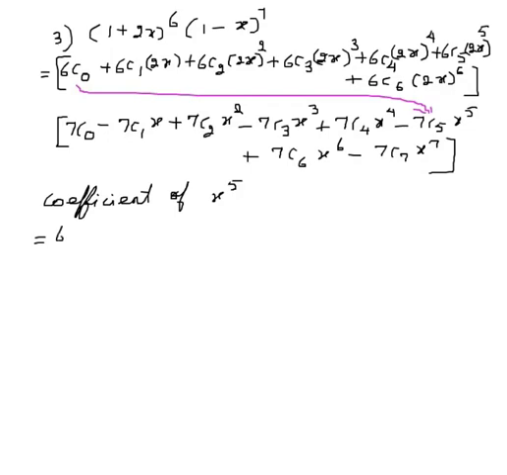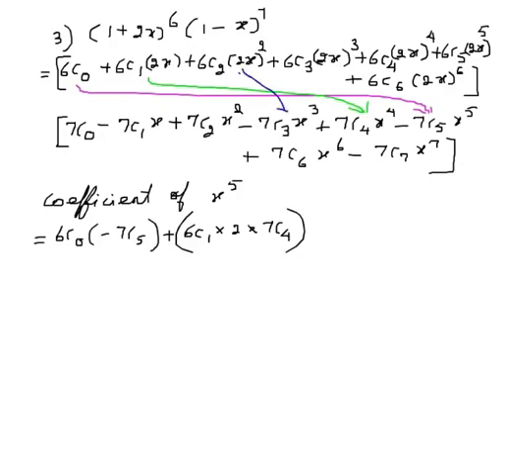So the coefficient will be 6c0 minus 7c5. This term and this will give us x power 5 term, that is x into x power 4 we have. We get plus, the coefficient is 6c1 into 2 into 7c4. Next product, x squared term and x cubed term gives us x power 5 term.